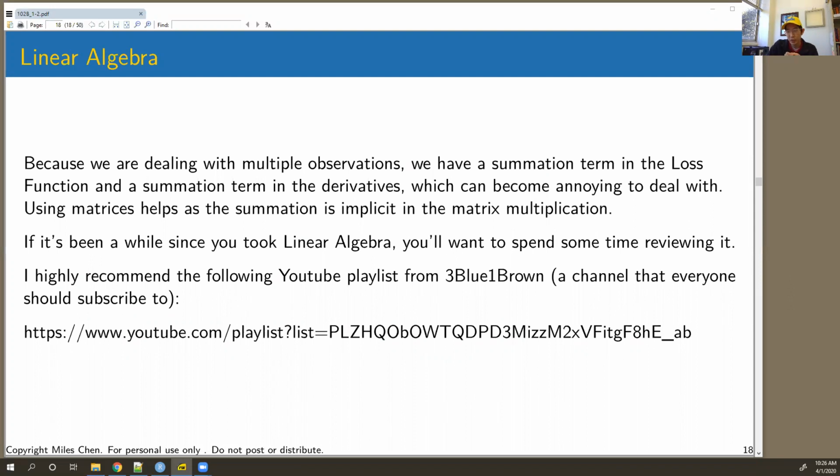Because when you do matrix notation, when you take one vector and you multiply it by another vector, the summation is implicit in there, right? You take each element in the vector and each element in the column, you multiply them together and you add them up. That's what it means to do matrix multiplication. So the summation terms we can get rid of, because that's going to be implied in the matrix multiplication.